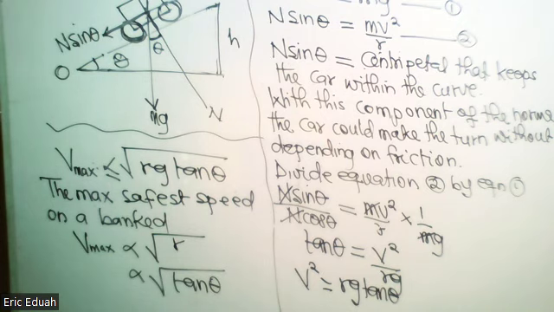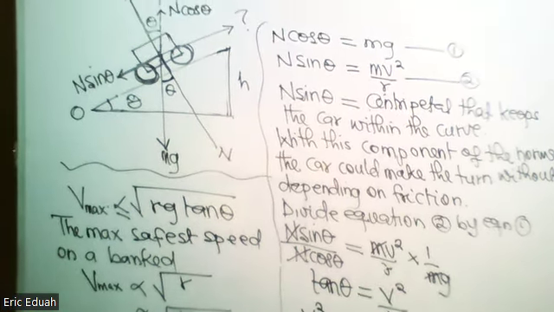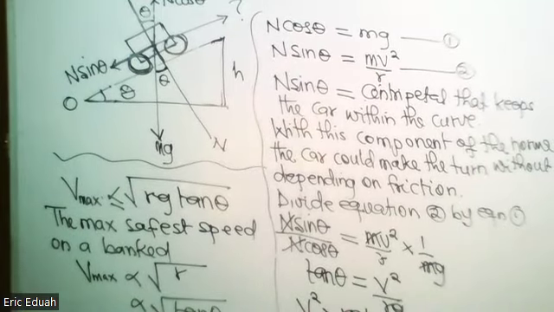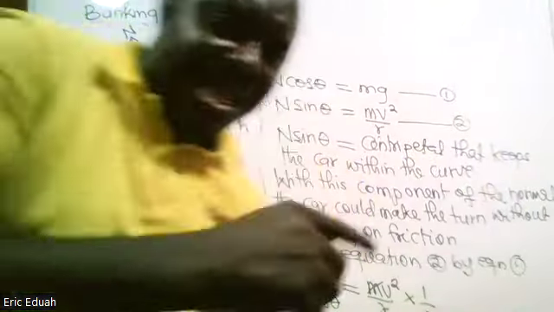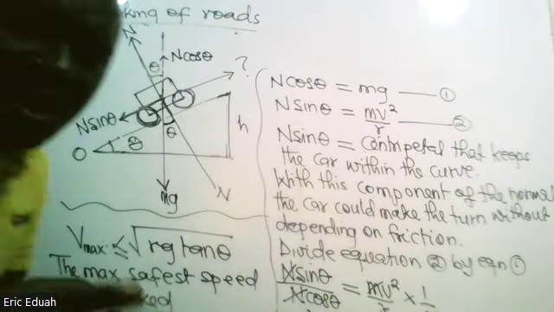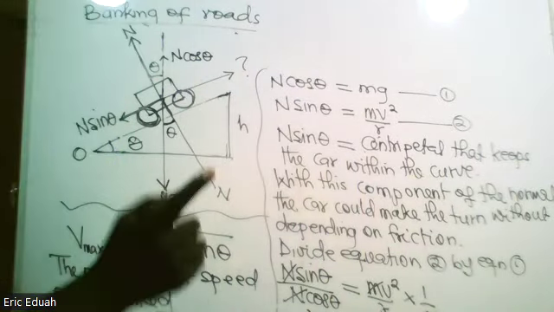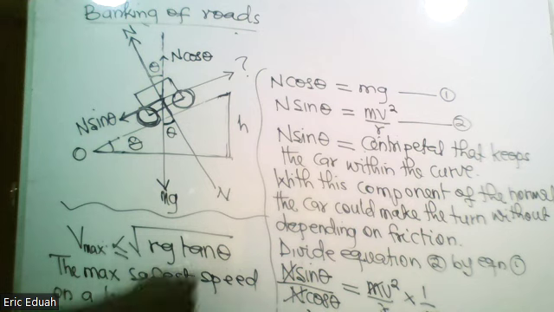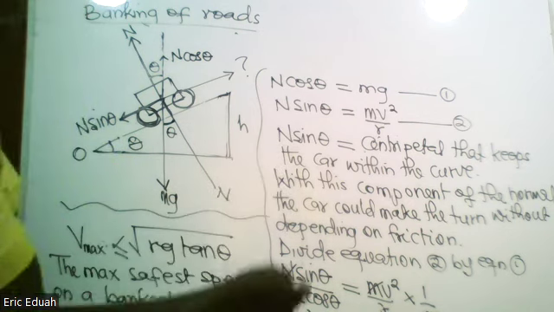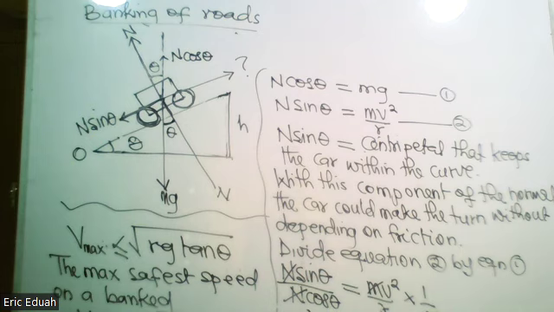Now for motorists, when motorists are also negotiating a bend with a certain maximum speed, they also tilt the motor through an angle. It's the same thing. They are also trying to take the bend by providing something extra, which would provide a centripetal force. And that is still the horizontal component of the normal reaction, n sin theta.